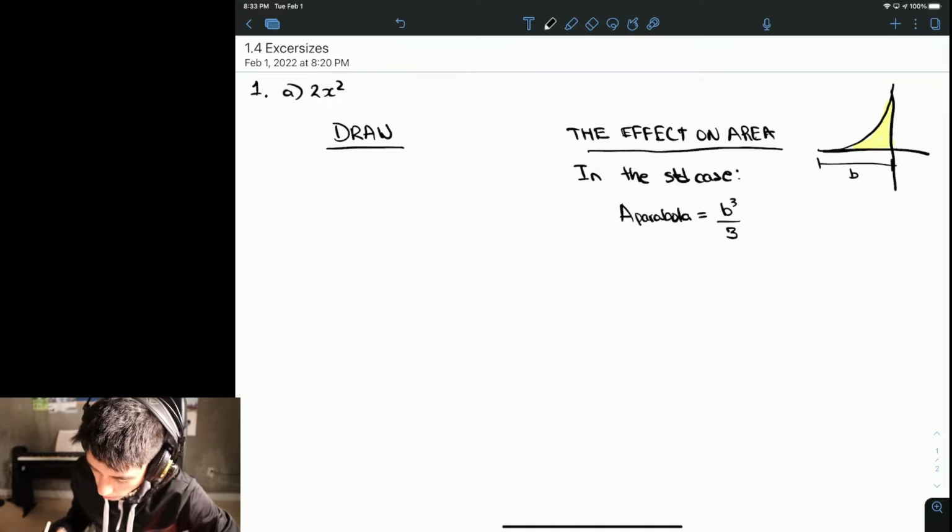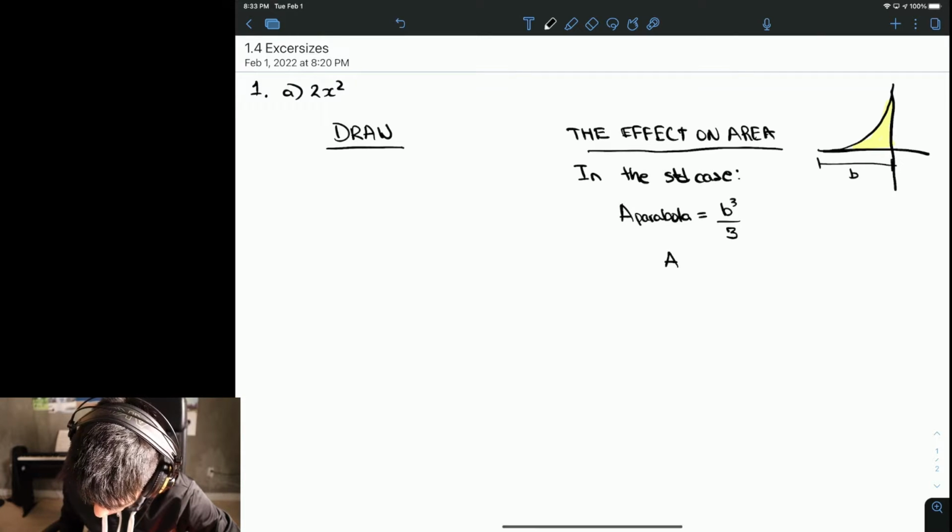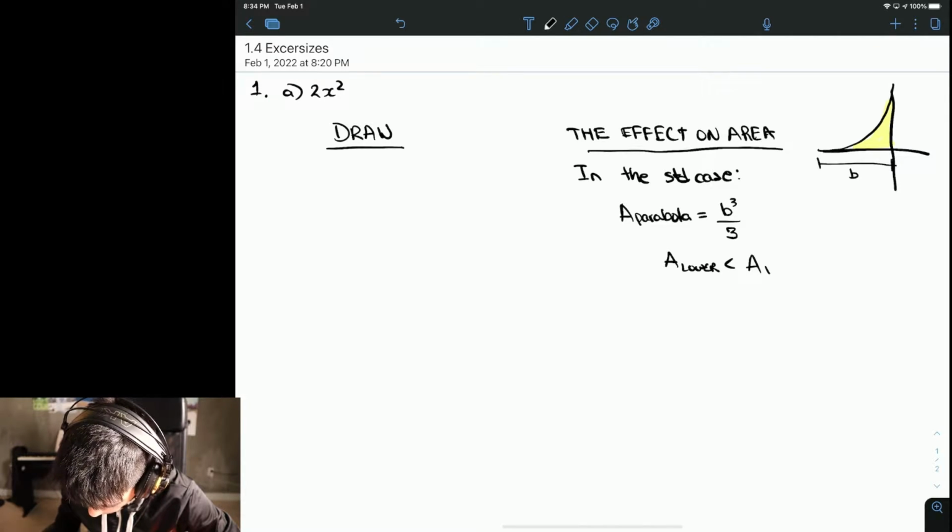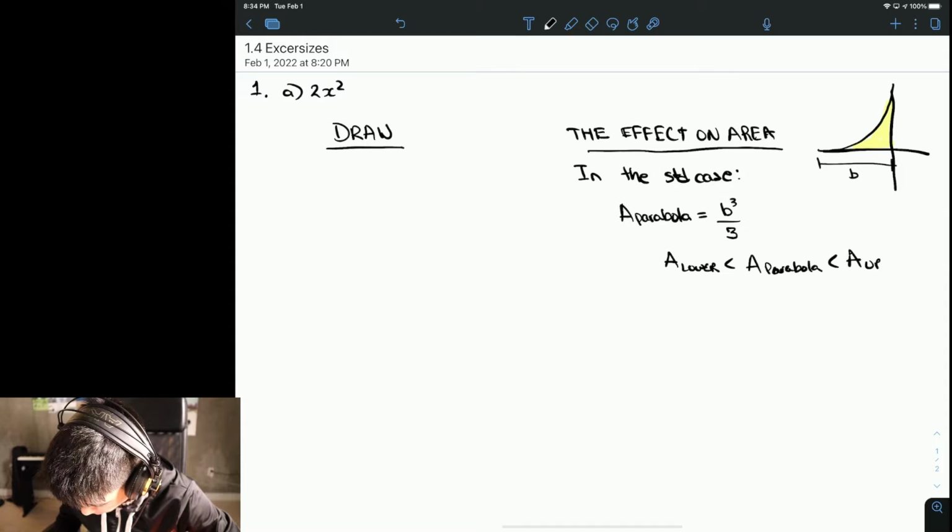But if you were to look at the lower and upper bounds, you would find that the area of the lower bound is less than the area of the parabola, right? And so forth, the area of the upper.